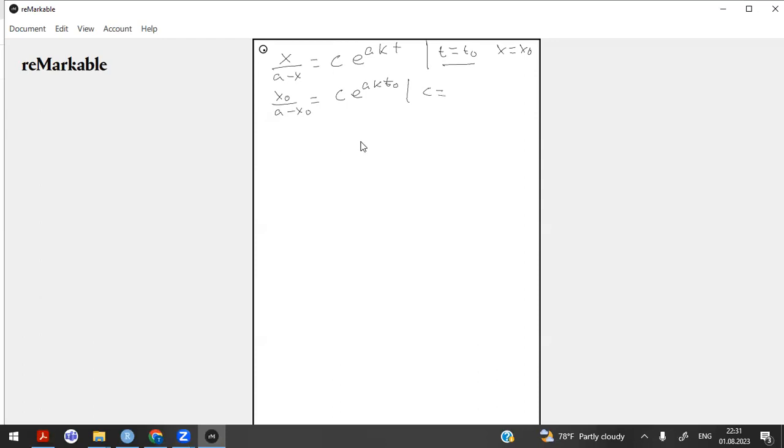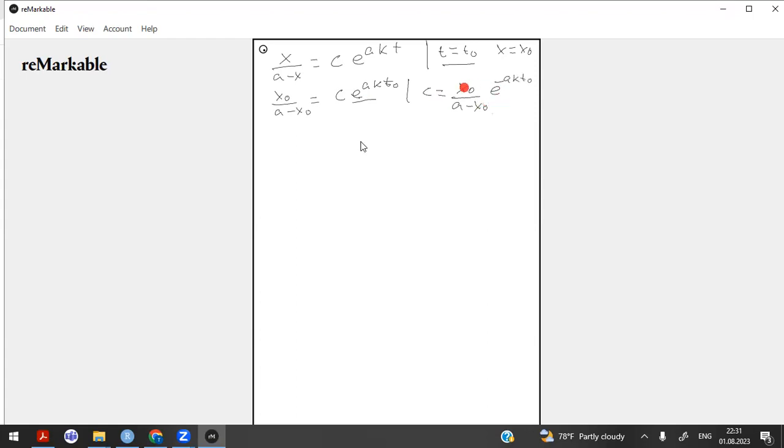Now, can we get C from this equation? So C will be x0 divided by a minus x0, and then we divide both sides by this exponential, and it will come here. If we change the sign of the power, then you will get minus a k t0.